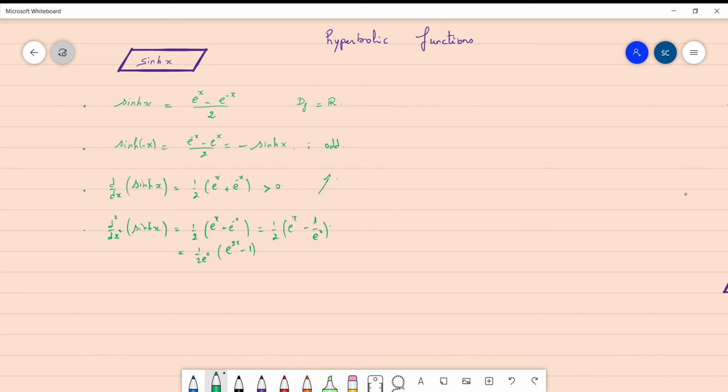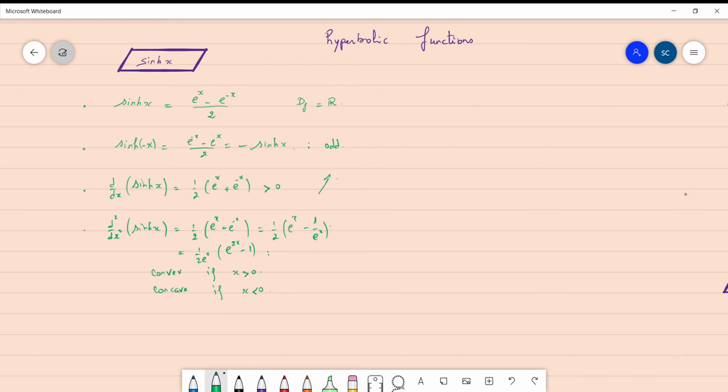This quantity is positive if x is positive. So, as conclusion, it's convex if x is positive, and concave if x is negative.